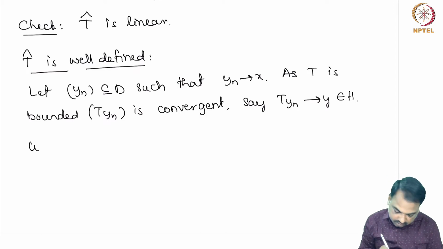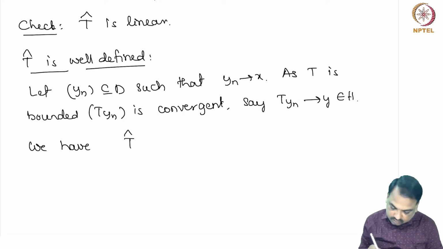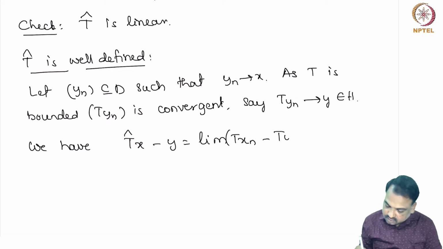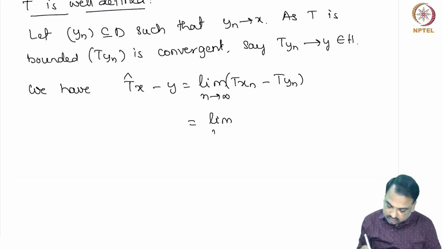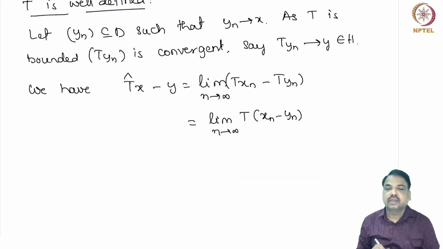So we have T hat of x minus y. The first one is the limit of Txn minus the second one, the limit of Tyn. Now this is the limit of T of xn minus yn. Now we know that xn minus yn converges to 0 because both converge to the same element x.